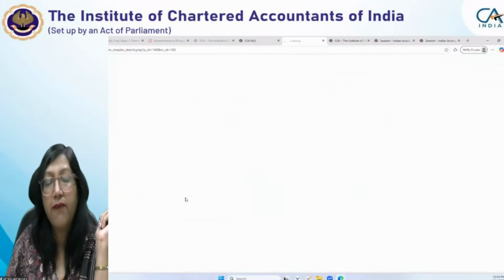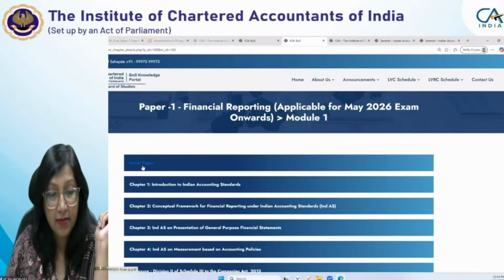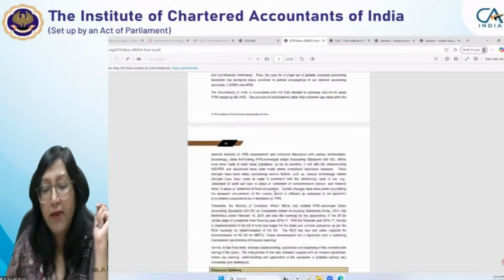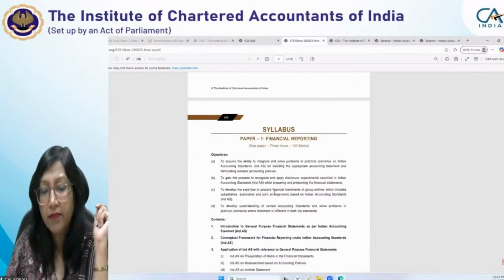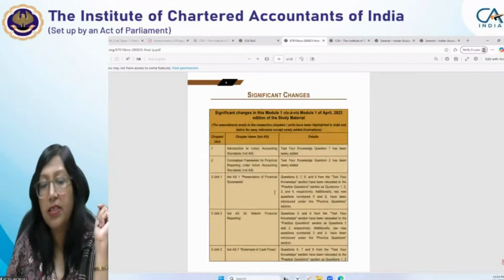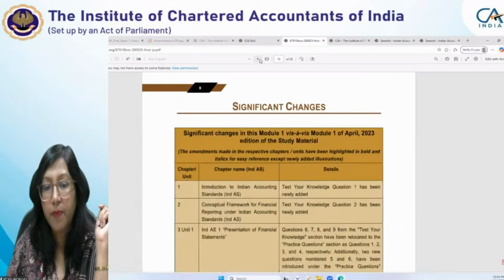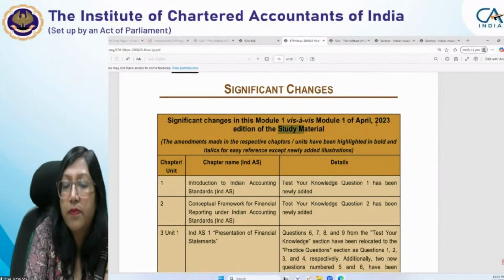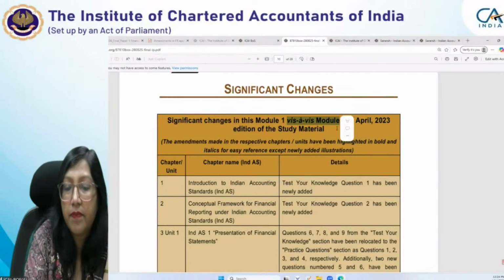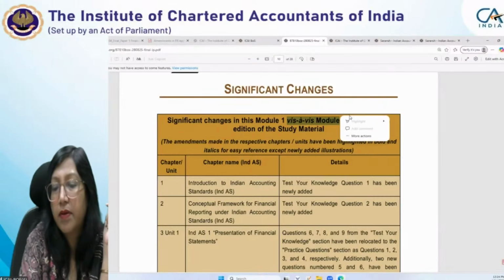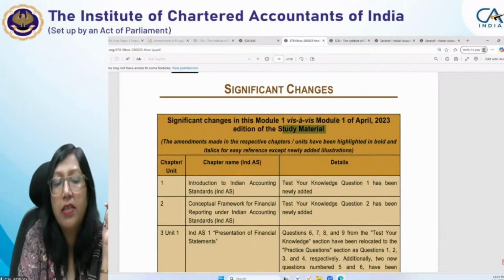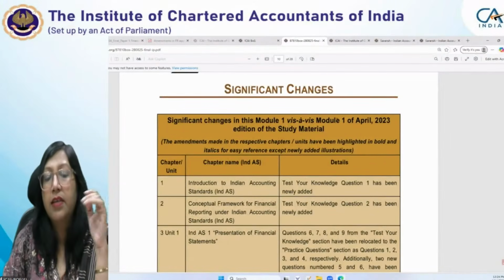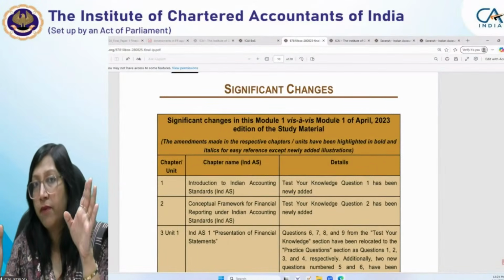In financial reporting, if I go to module 1 and go to the initial pages, as I am saying, at the beginning of the study material, you can all see after the syllabus we have significant changes in this module vis-a-vis the old module, the old edition of the study material.